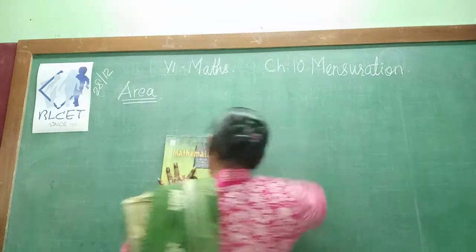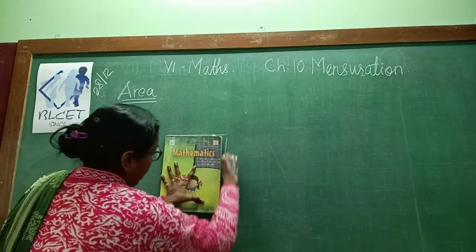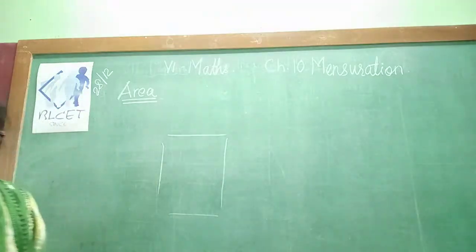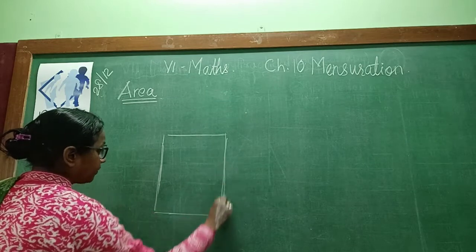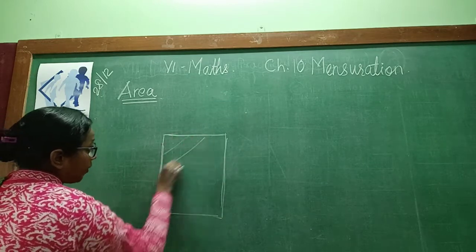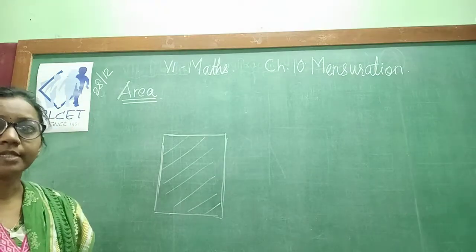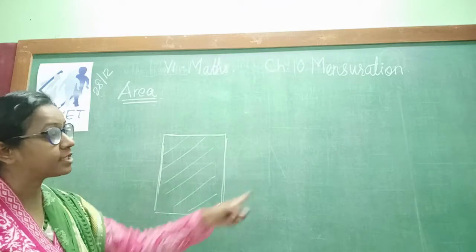How will you find that area? So what I can do, I can just draw the outline, and find this portion. This is known as the area of that particular book which occupies the space on this blackboard.